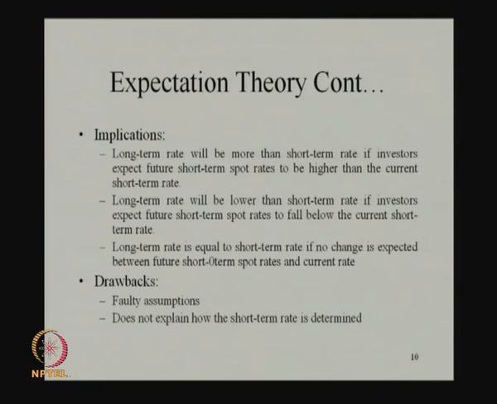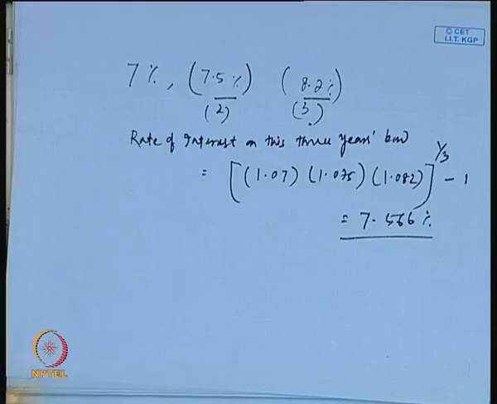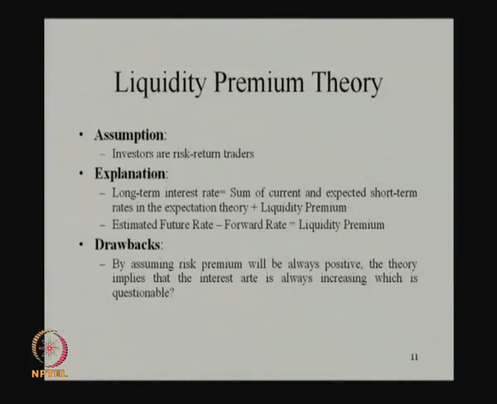That means how the 7% is determined, how the 7.5% is determined, or how the 8.2% is determined, that particular explanation has not been given by the advocates of the expectation theory. So, that is the major drawback of the expectation theory.